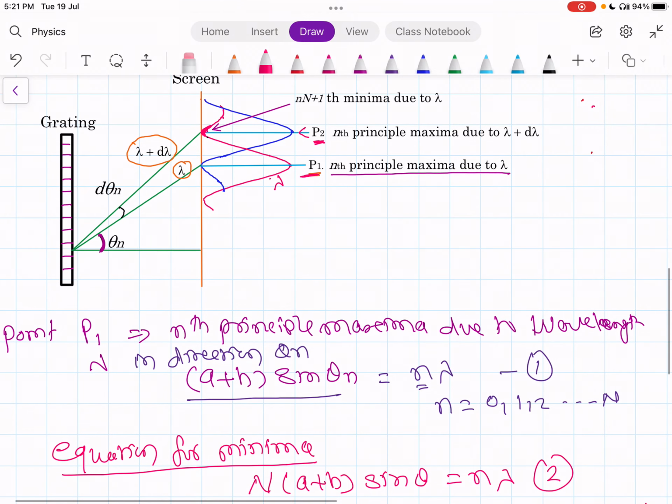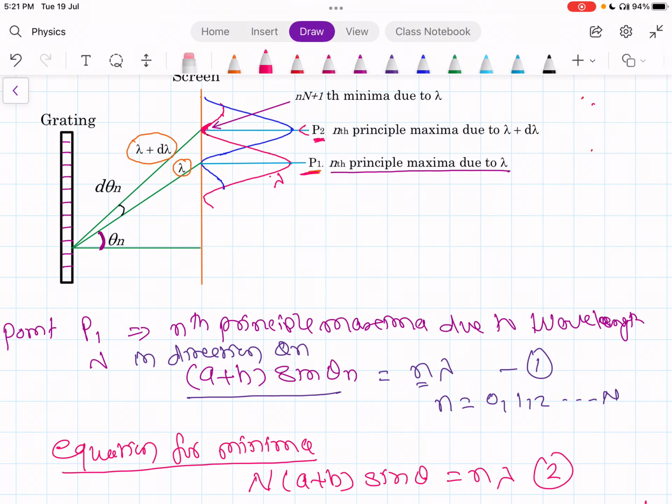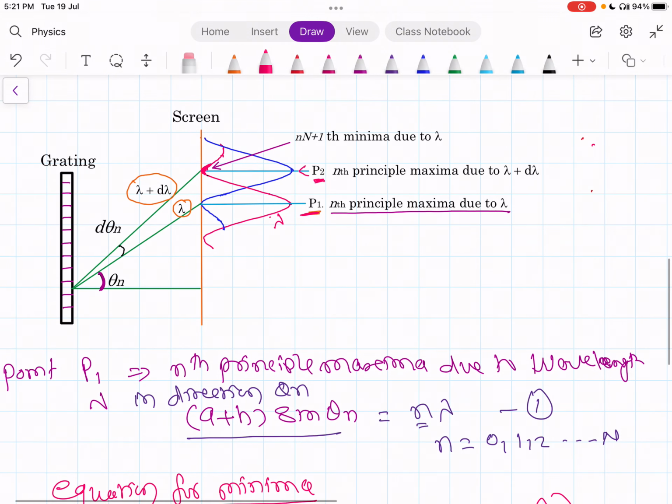So at point P2, we get the first minima which is adjacent to the nth principal maxima in direction, in what direction? Theta n plus d theta n. This angle is d theta n, this one is theta n. So in the direction theta n plus d theta n, we get the first minima which is adjacent to the nth principal maxima.